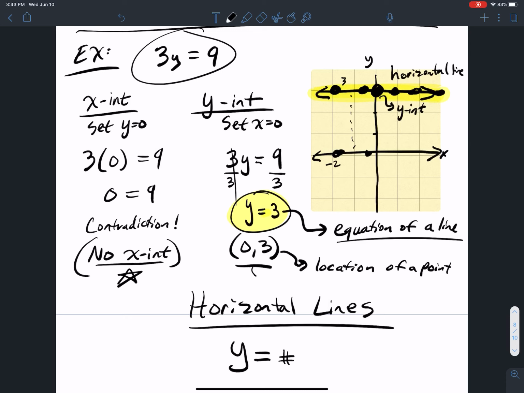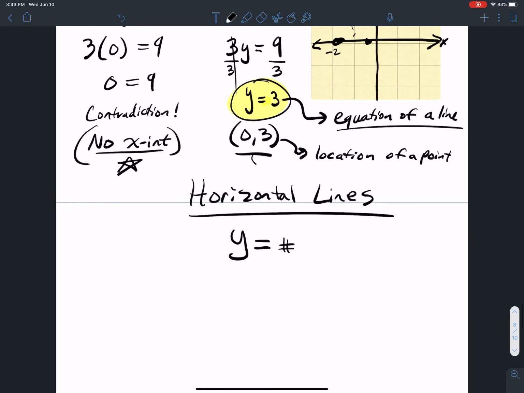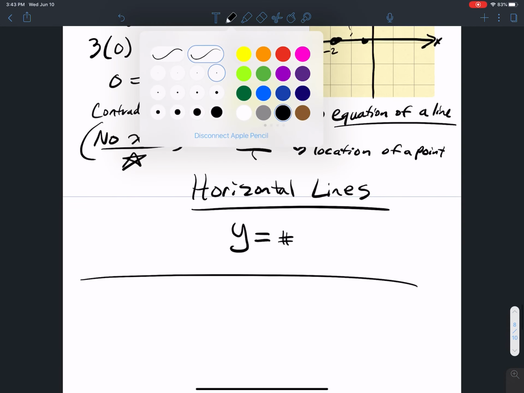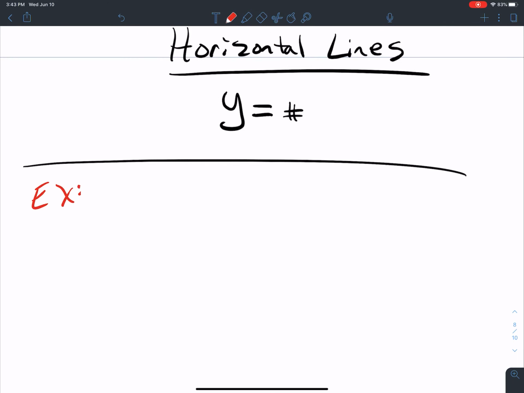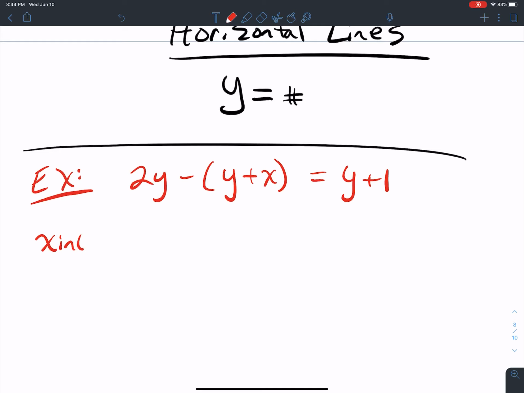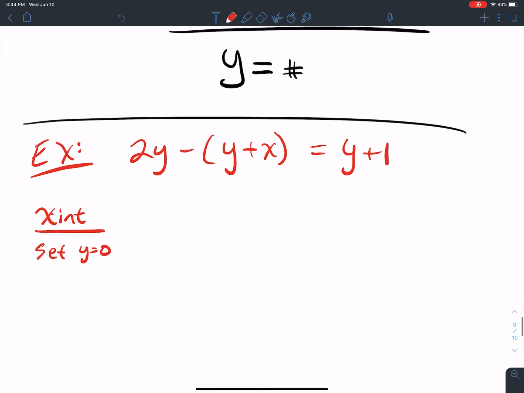So, let's try another example to illustrate the other side of this coin. 2y minus (y plus x) equals y plus 1. Here, I want to get the x-intercept. I set y equal to 0. So what does that do?